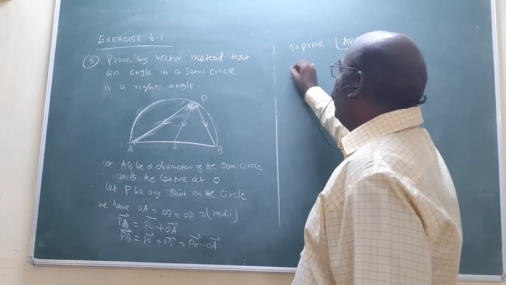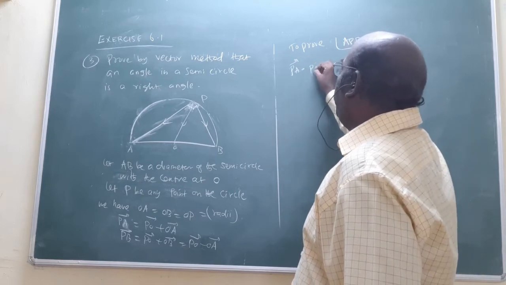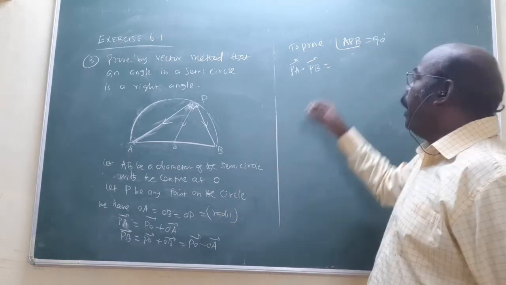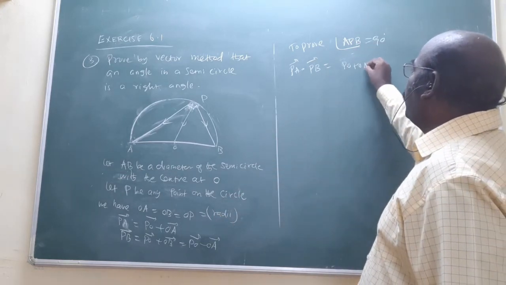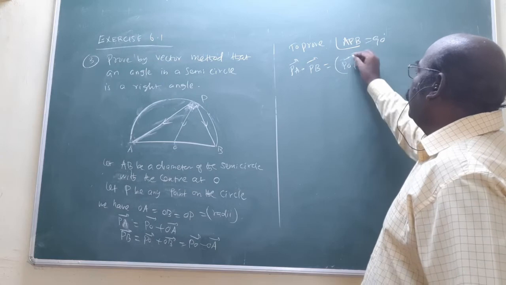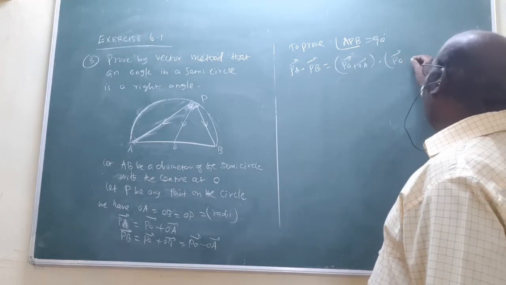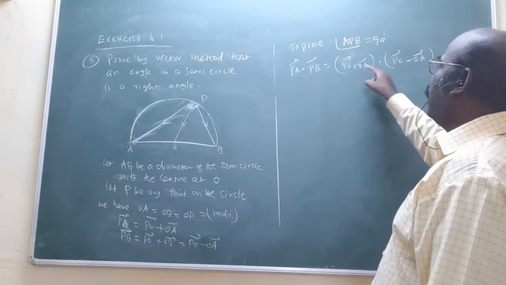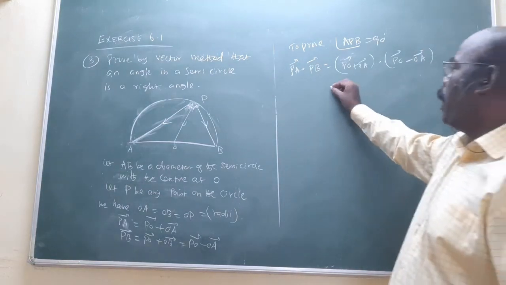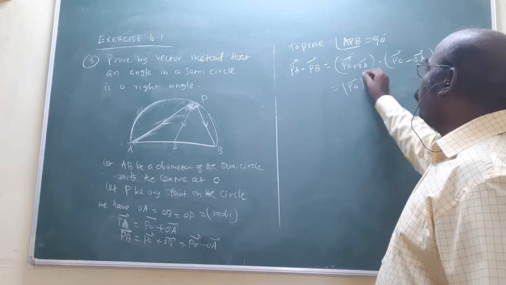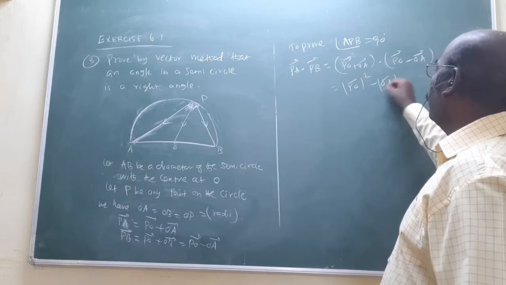start with the PA vector dot PB vector, equal to the PA vector, PO plus OA vector, dot here PO then minus OA vector. It is of the form A plus B, A minus B, you know. Your answer becomes the PO vector squared minus OA squared.